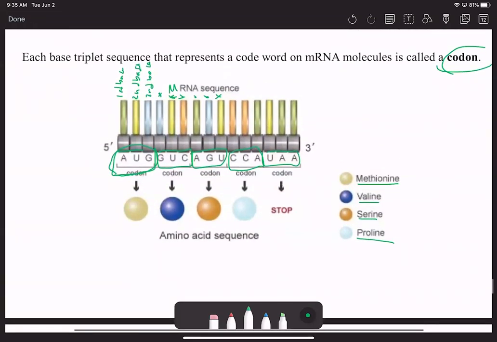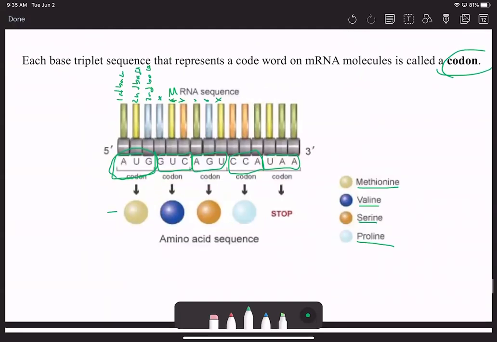So the order that we would put this together in is that here, this would be my N-terminus, and this would be my C-terminus, right? And here I would have my protein.